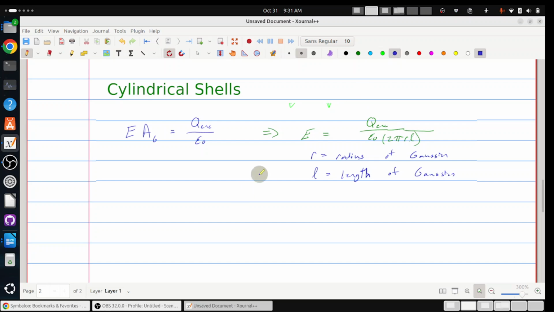And so the first case that I'm going to talk about is if I have a thin shell, where basically we can think about the charge is all located on a surface which is some distance r from the center of the cylinder.